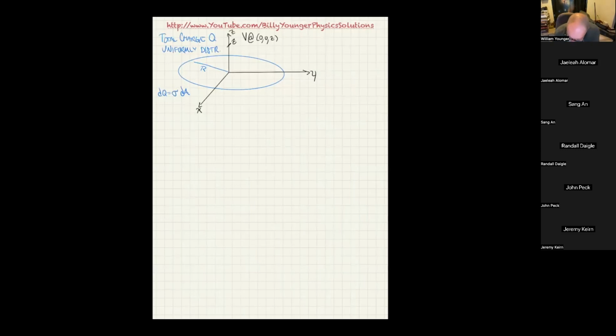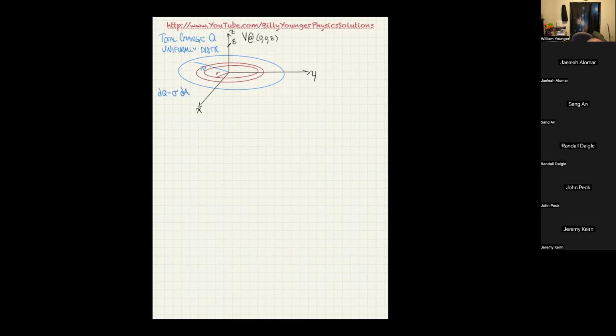So now I'm going to draw sort of a differential area element. I'm going to draw a loop of charge like this. And I am going to say that this radius is r.